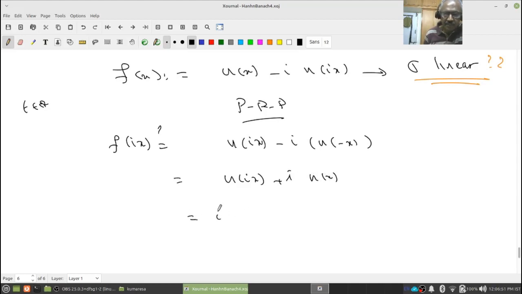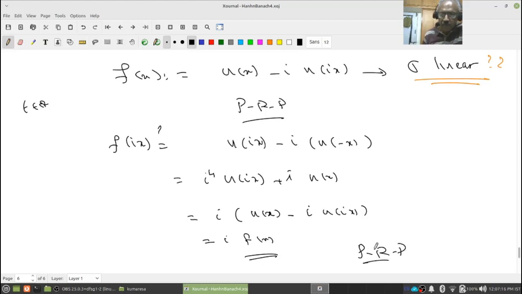But that is the same as taking i out: u of x, and taking i out, this is i squared, which is minus 1, times u of ix. Therefore it's i times f of x. So f is complex linear.